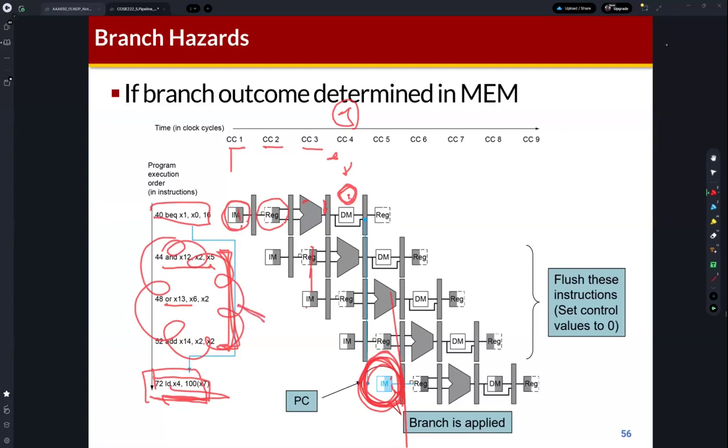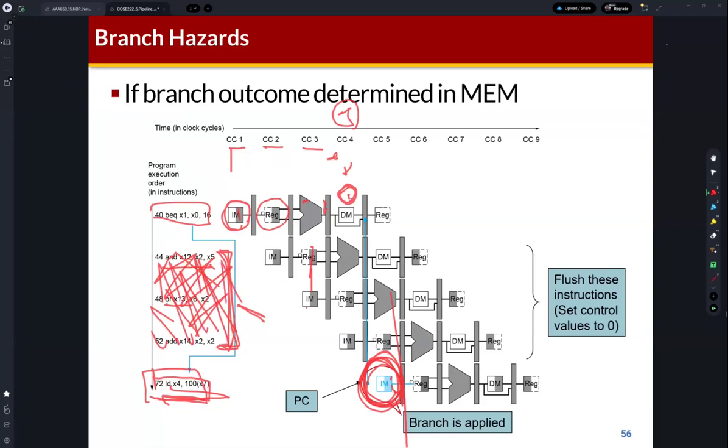We need to cancel the execution of these instructions, right? How can we cancel? We can just make these instructions nops. We change these instructions to nops the same way: we just make all control signals of these instructions 0, right?